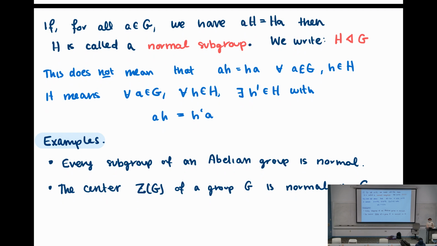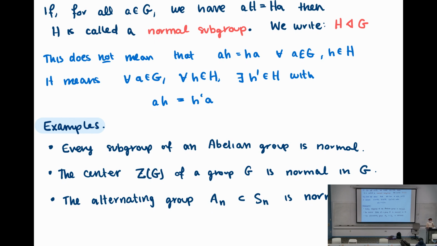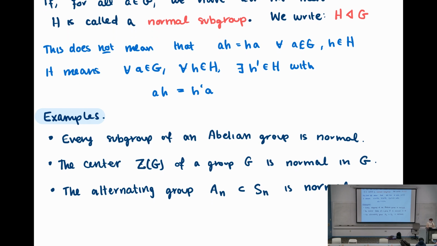A not totally trivial example: the alternating group A_n inside of the symmetric group S_n is also normal. Okay, so why is this? So we need to show that if I have any permutation sigma, the left coset of sigma on A_n is equal to the right coset.